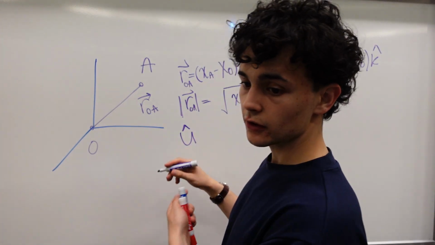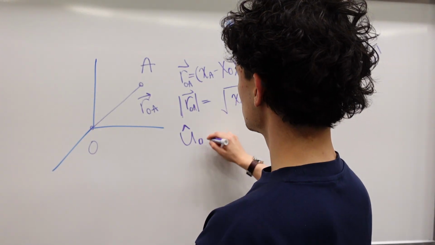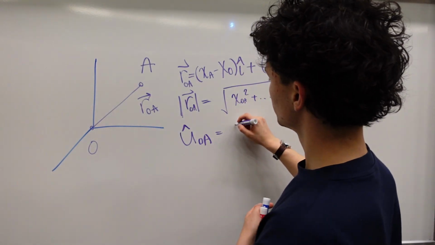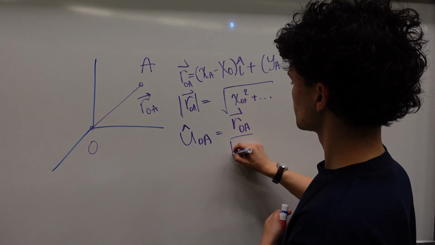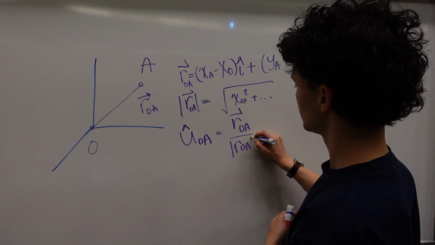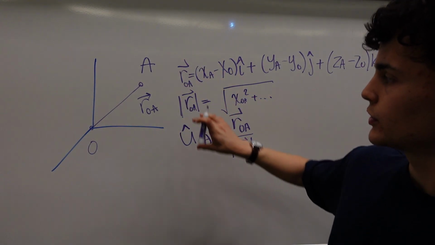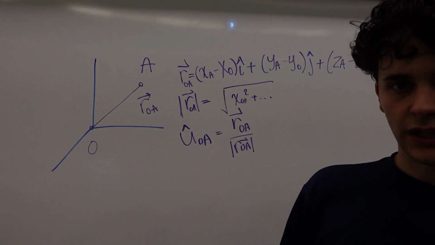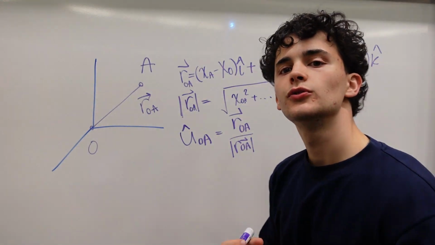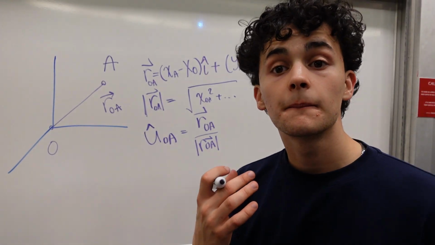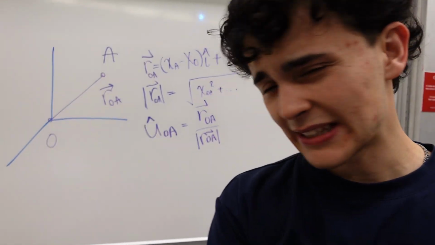So the unit vector for position OA is going to be equal to this. So we take our position vector, we divide it by the magnitude, and then we get a unit vector. This is very important because with this, we're able to do something very, very interesting, and I'll show you what that is.